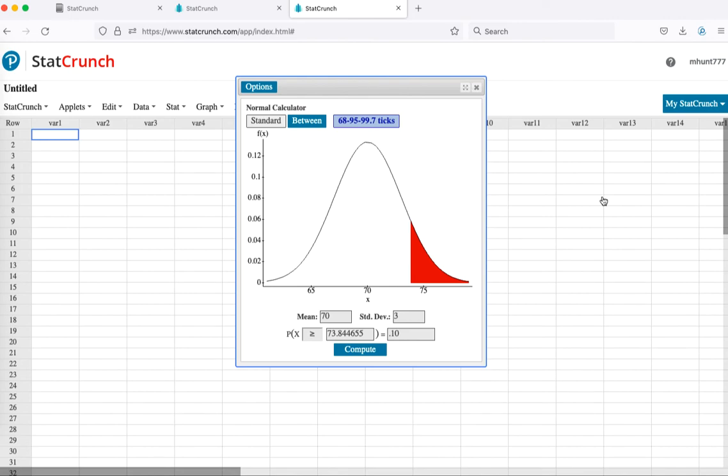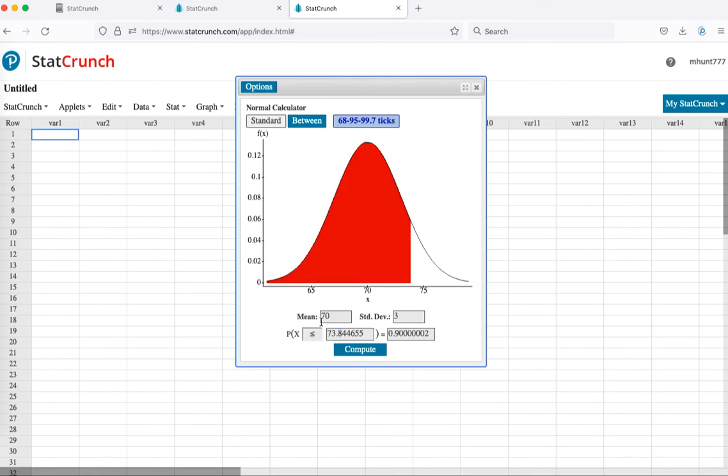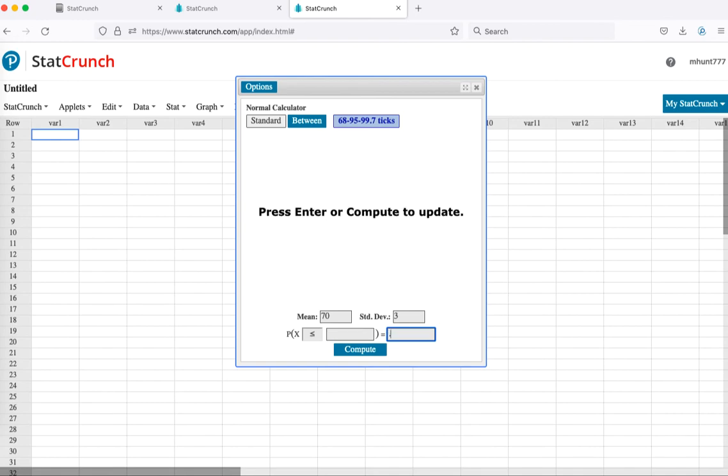Now let's look at another question. What about the bottom 15%? If we're talking the bottom, we have to change this to a less than. And we're given a percent. The bottom 15%. In decimal form, 15% is 0.15. And we're going to hit compute.